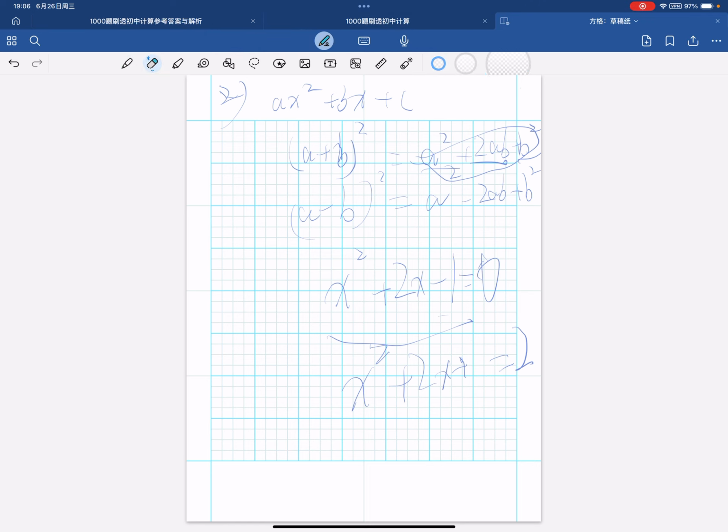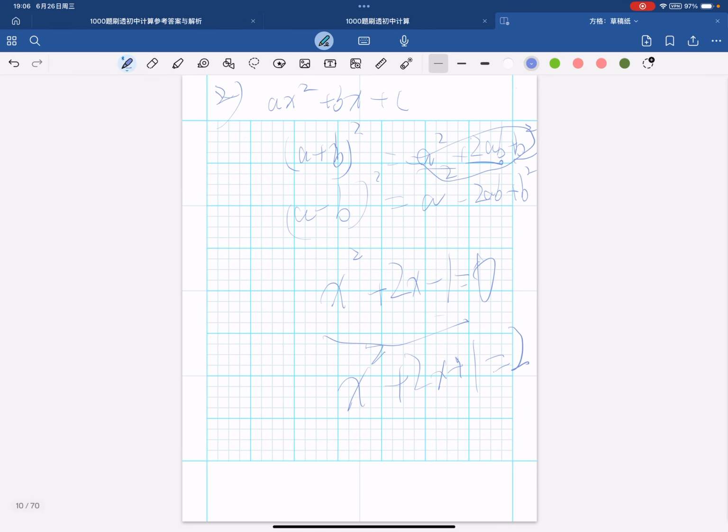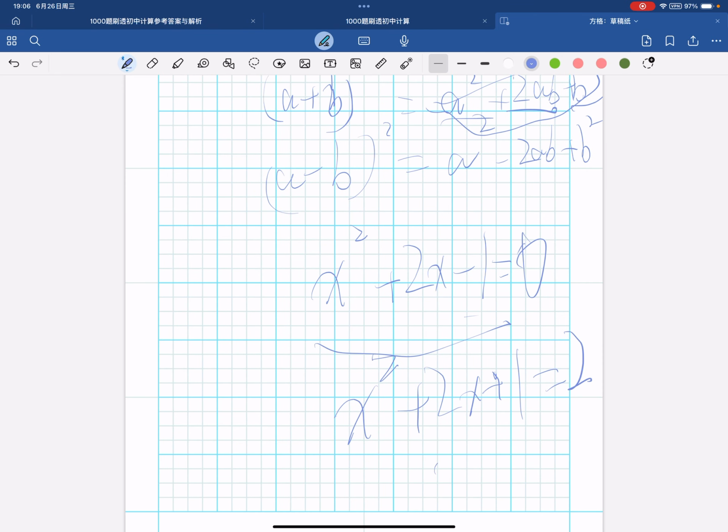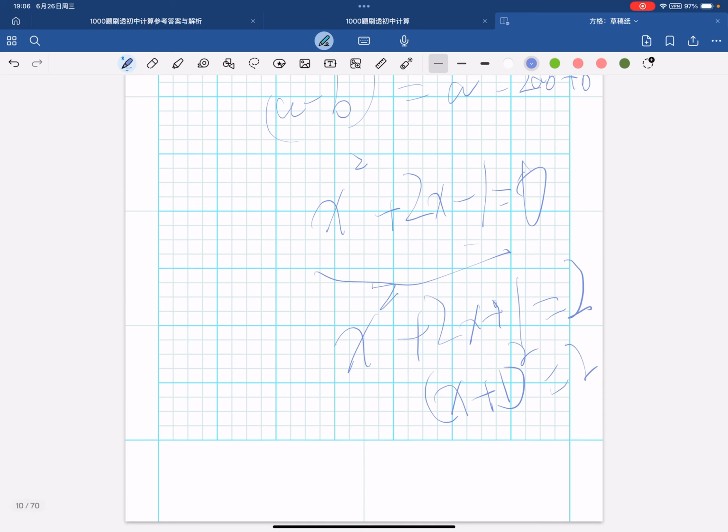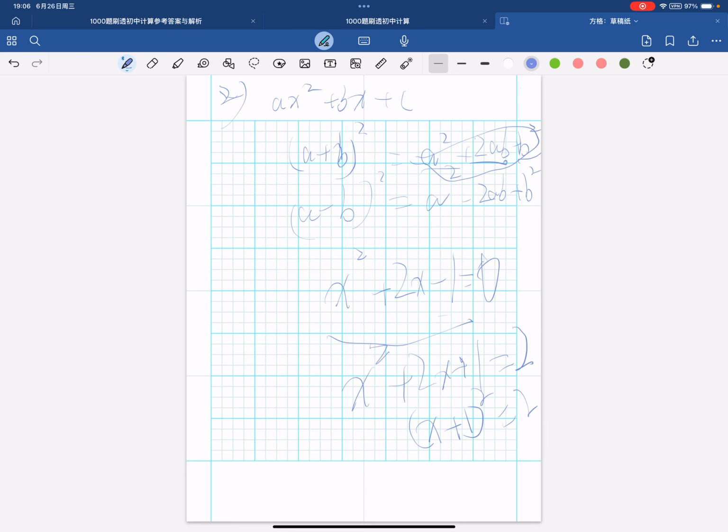Like this. And (x plus 1) squared equals 2. This is actually the end of this factorization.